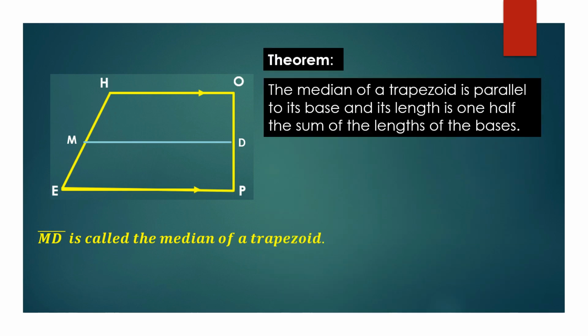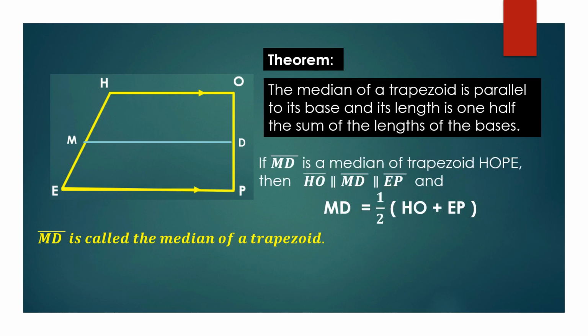And we have now the theorem. The median of a trapezoid is parallel to its bases, and its length is 1/2 the sum of the lengths of the bases. If segment MD is a median of trapezoid HOPE, then segment HO is parallel to segment MD and is parallel to segment EP.